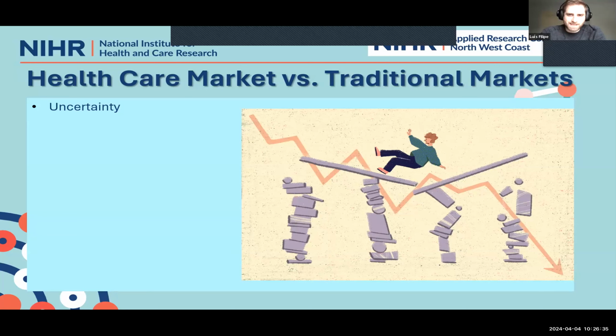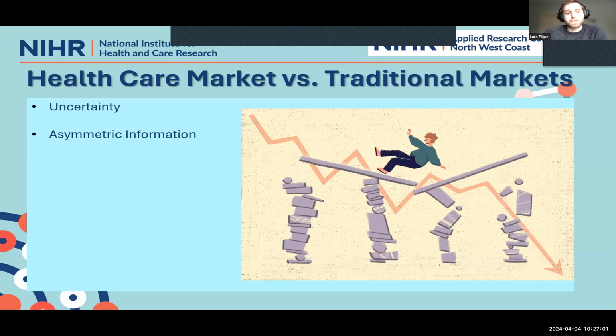So this is already something that you don't find in other markets. You go to the supermarket, you buy some ice cream, you get some ice cream. That's it. Here, you never know when you are going to want some treatment, because you don't know when you are going to get sick. And then when you buy the treatment, you don't know if it is going to work and if it is going to give you more health.